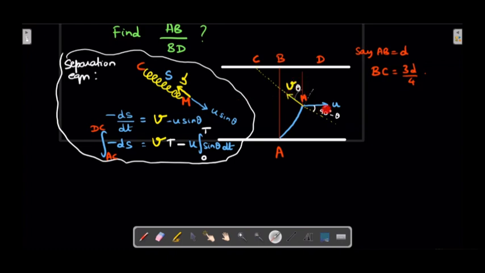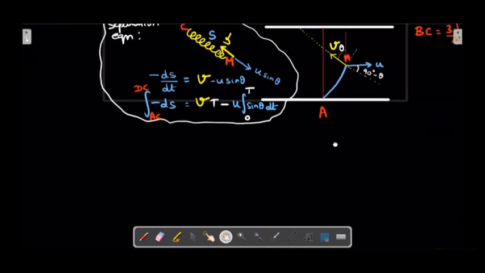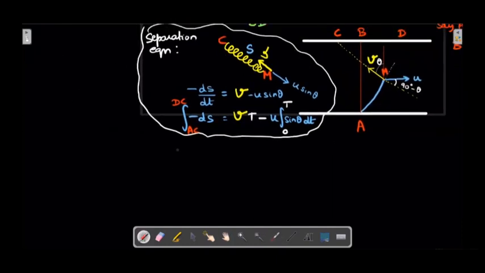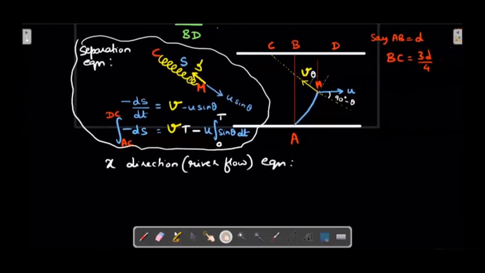So maybe I'll look at the x direction motion equation now. So that's our second analysis. X direction, that is the river flow direction equation. Now let's look at that.